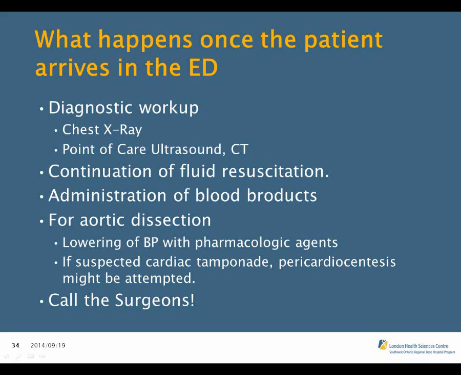If we're suspecting cardiac tamponade, we might do a pericardiocentesis, which is inserting a needle through the chest into the space around the heart and trying to withdraw some of that fluid and relieve pressure off the heart. Lastly, we're going to be calling the surgeons. They're the ones who are going to be definitively managing these conditions, so we get them involved very early.